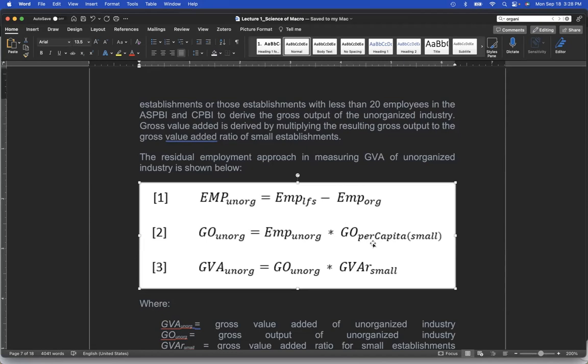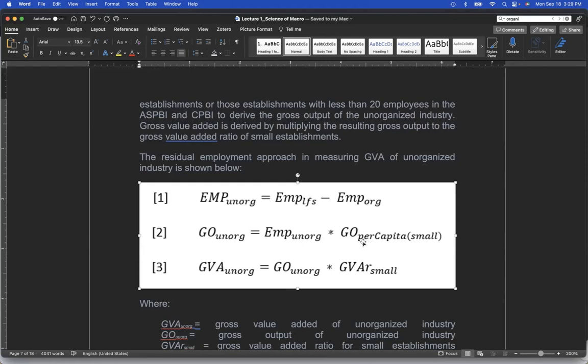Sir, aren't we assuming in this case that a person's output in the formal industry is somewhat similar to someone who's employed in an organization? Precisely, that's it. Tama. You're assuming that the output per person in the unorganized or informal is the same as the output per person dun sa formal, except that for some reason, informal siya.